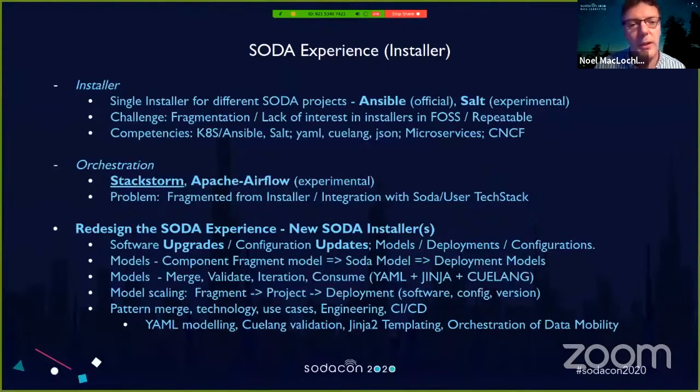There's a PR gone in this month, just to discuss how we can do a brand new installer. So in the orchestration area, I'm going to raise a PR to introduce Apache Airflow for workflow orchestration. There's some synergy. It's Python based as well.